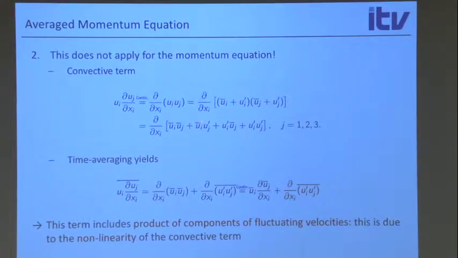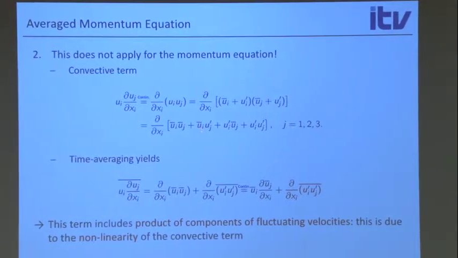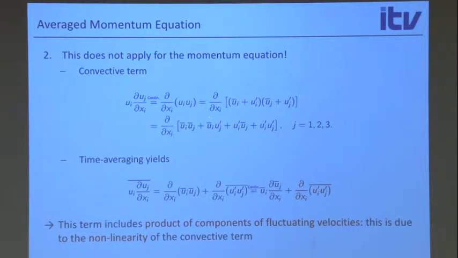And then here we have u_i mean times u_j prime mean, that is a fluctuating quantity, and the mean of a fluctuating quantity is 0. Okay? So you see this term goes away, and this term goes away, and we are just left with these two terms.